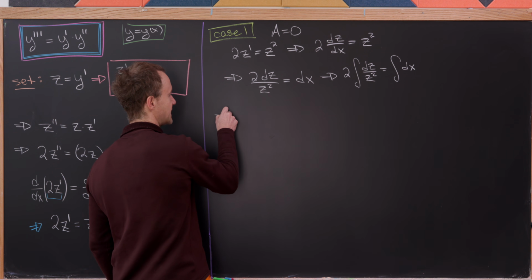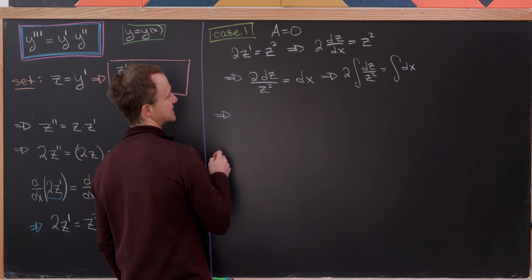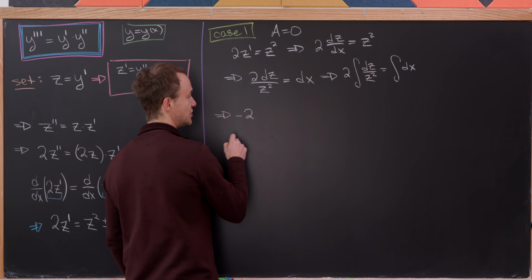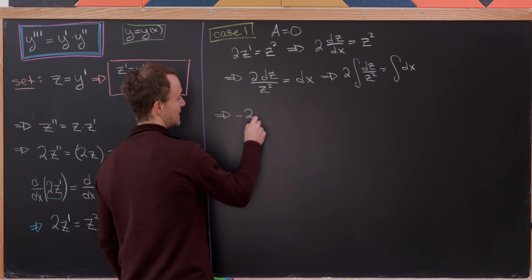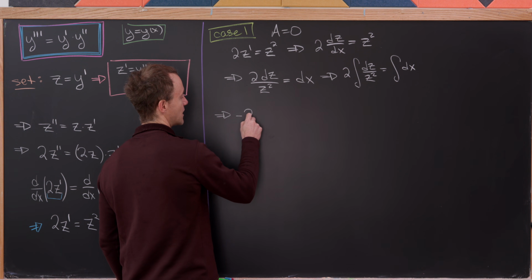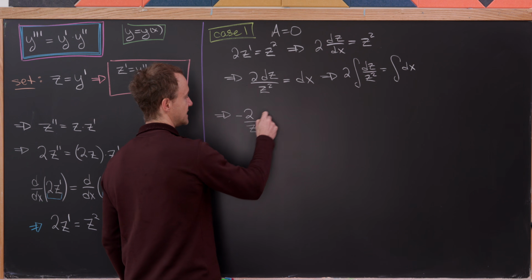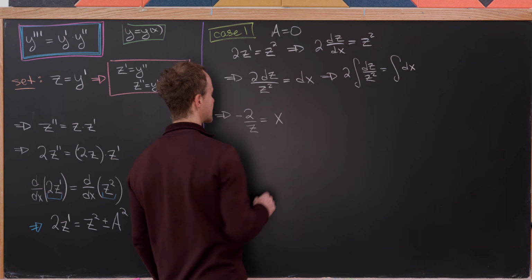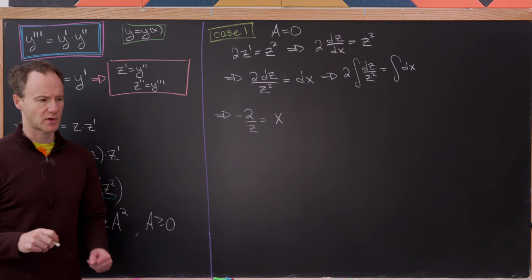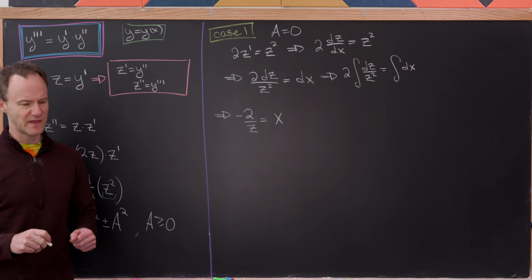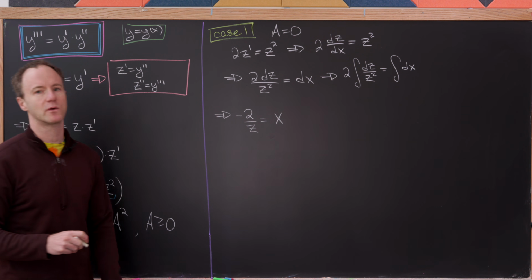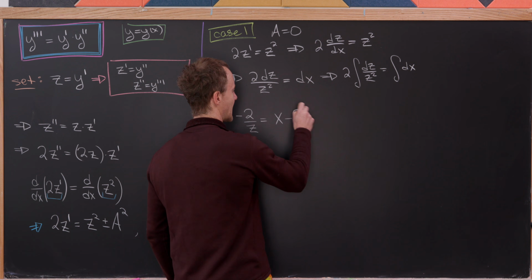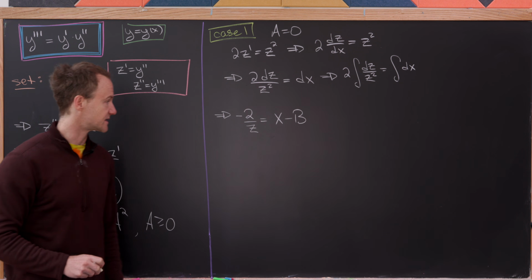So this left-hand side will give us, let's see, it'll be minus 2 times z to the minus 1, or minus 2 over z. And then on the right-hand side, that's going to give us x plus some constant. But that constant could be positive or negative, so we might as well make it x minus some constant.